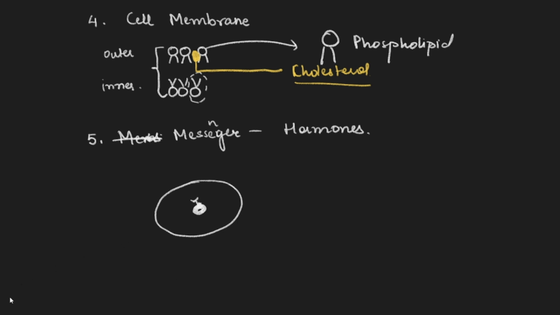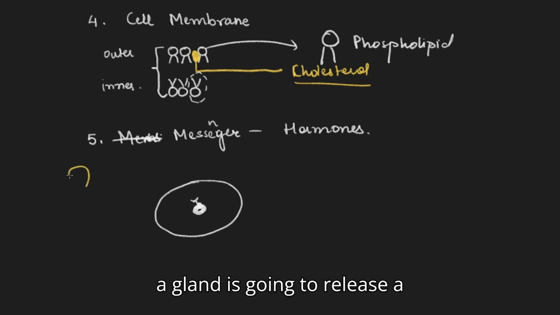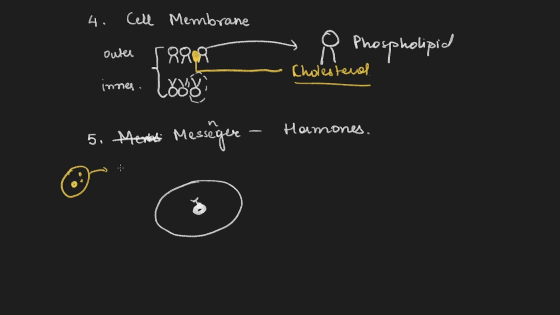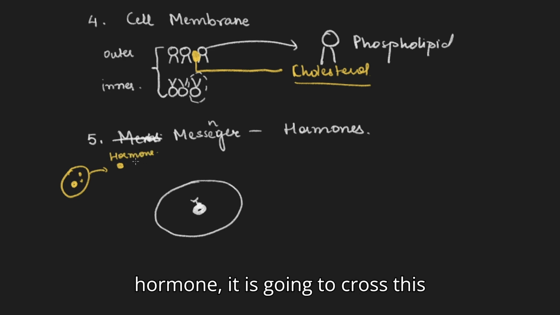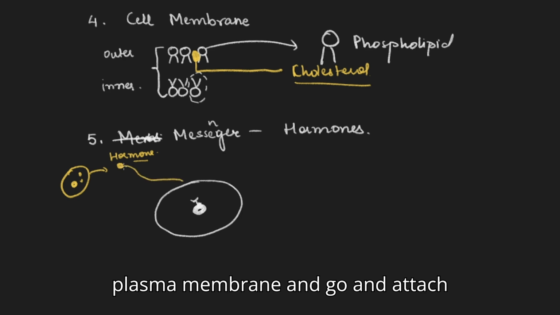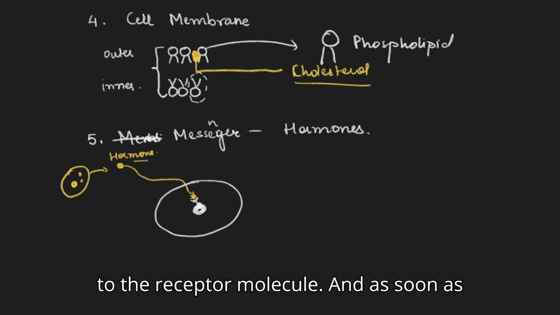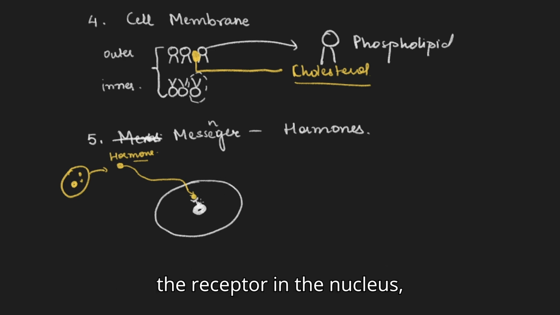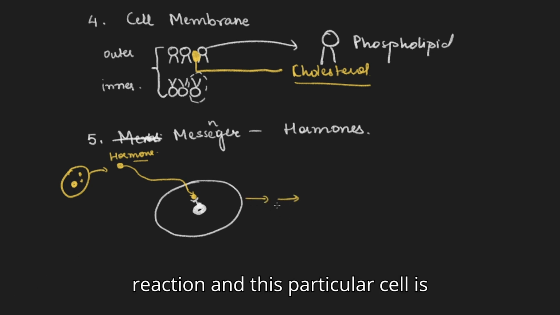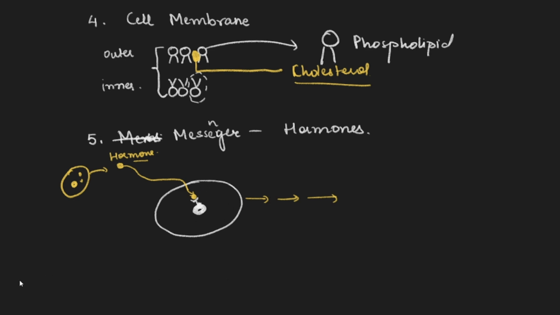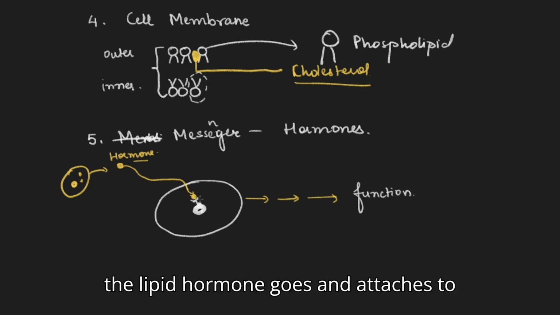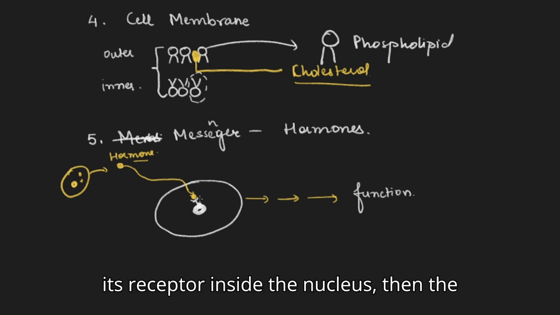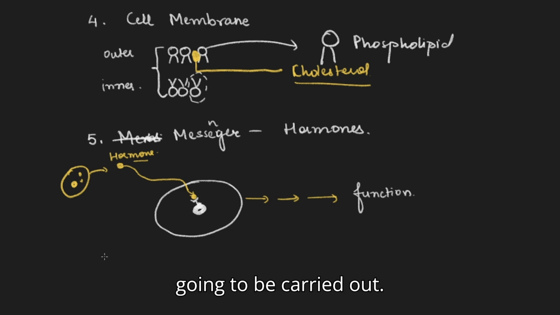Whenever a gland releases a hormone, because it is a lipid hormone, it is going to cross the plasma membrane and attach to the receptor molecule. As soon as this lipid hormone attaches to the receptor in the nucleus, there is a cascade of reactions, and this particular cell performs its function. If the molecule is not attached, the function is not performed. If the lipid hormone attaches to its receptor inside the nucleus, then the cellular function is carried out.